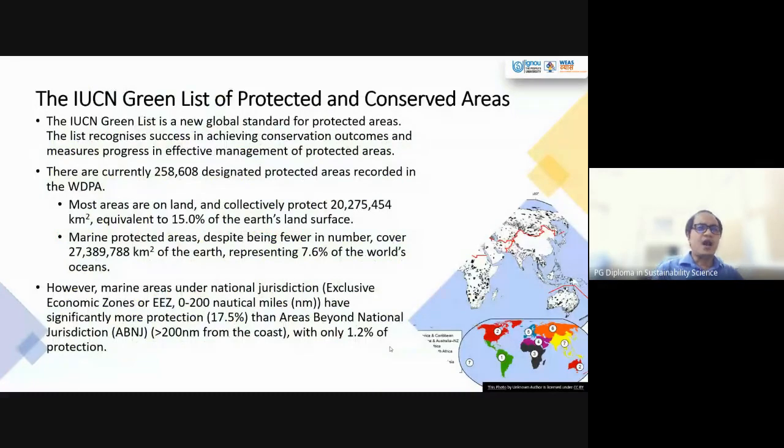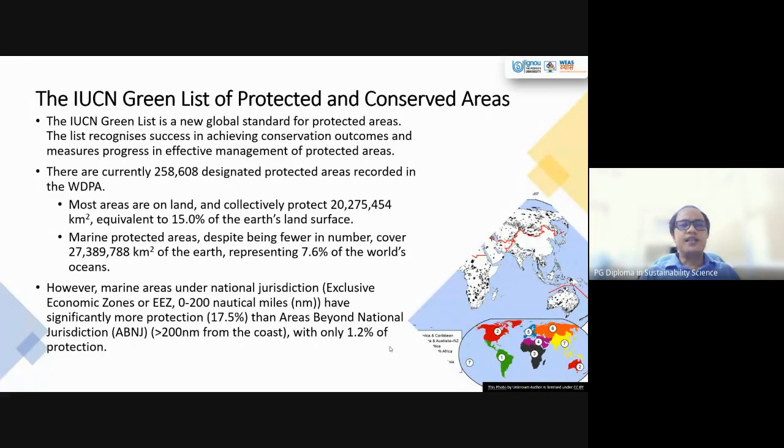And as of now, IUCN has listed the Green List of protected and conserved areas. In the latest, in 2020, we have 258,600 designated protected areas recorded under the World Database on Protected Areas.